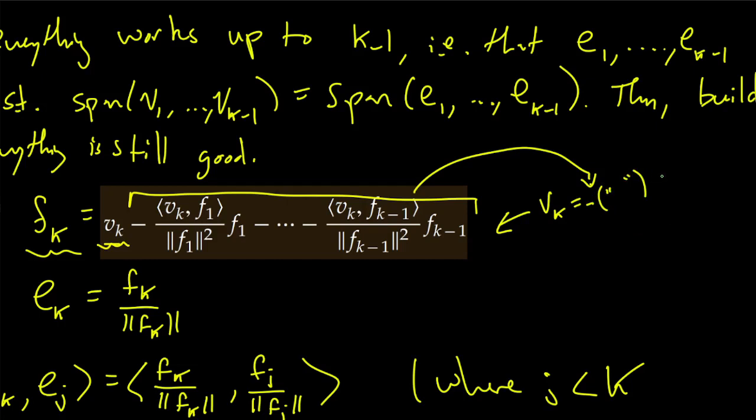Okay, so I subtract it over to the other side, right? It's minus that whole thing, turns all those minus signs into pluses, plus fk. And vk is then equal to, well, all of these things are in terms of fk's.